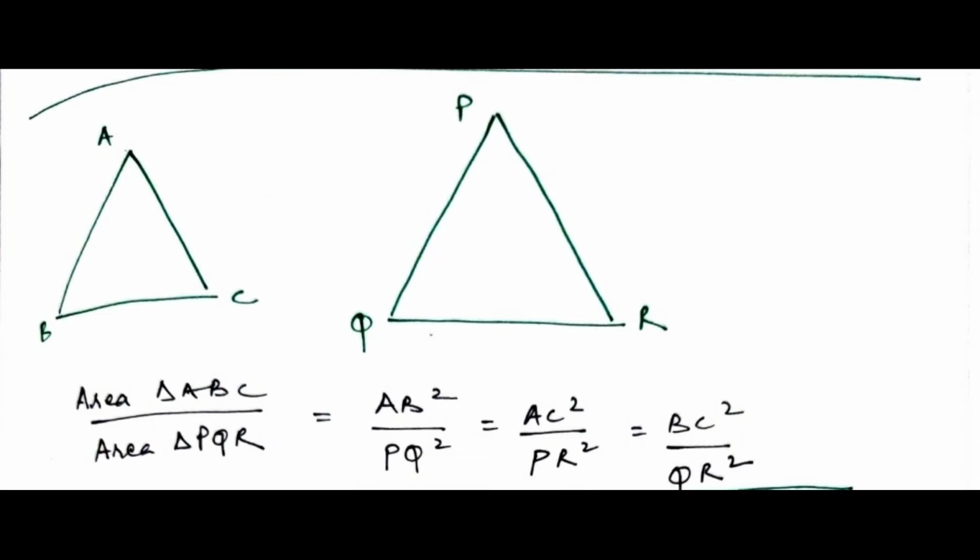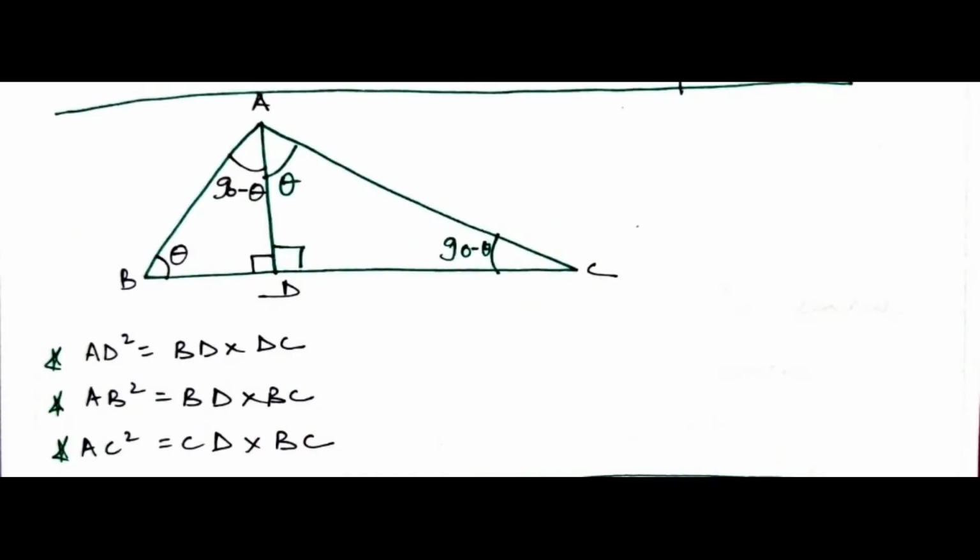And another specific case of use of similarity is involving a right angle triangle. Like these two triangles that are shown in the figure, these are similar triangles.